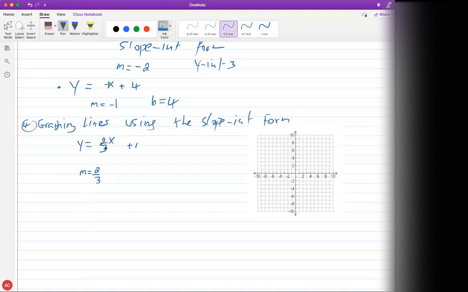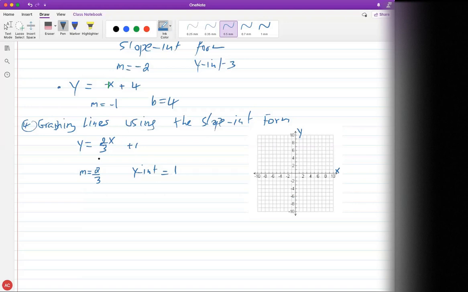So the whole number next to the x is the slope. And this again, we call this b, or y-intercept. The y-intercept is 1. And the reason again we call it the y-intercept is because it's on the y-axis, and that's where the y-axis meets our line when we find it. So they will meet here.